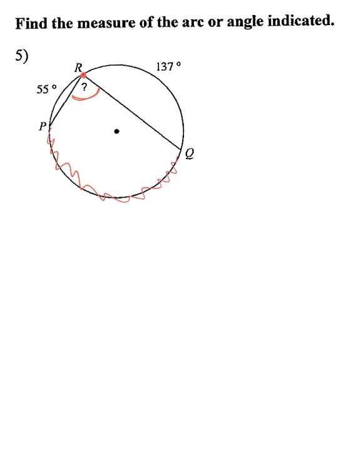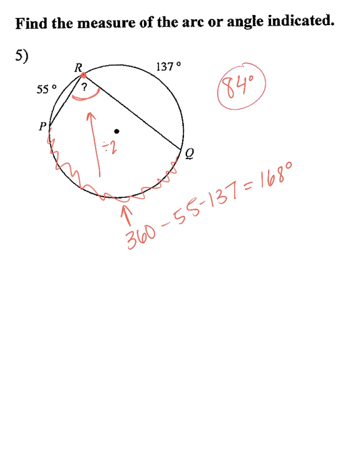So how could I get that red squiggly line arc measure? Well, I know all the way around the circle is 360, so to find this one, it'd be 360 minus the 55 and the 137 that is already there. So that means that arc has to be 168 degrees, but remember, to go from arc to angle, we have to divide by 2, so that angle measure then must be 84 degrees.